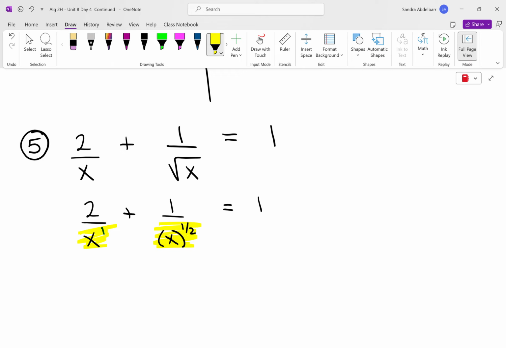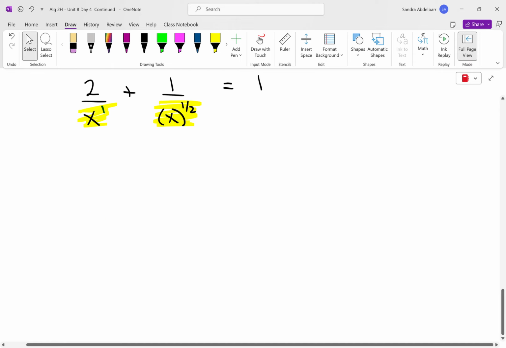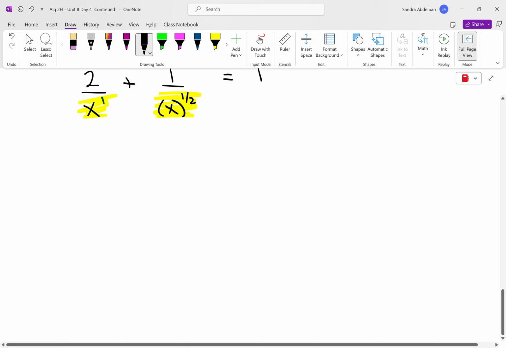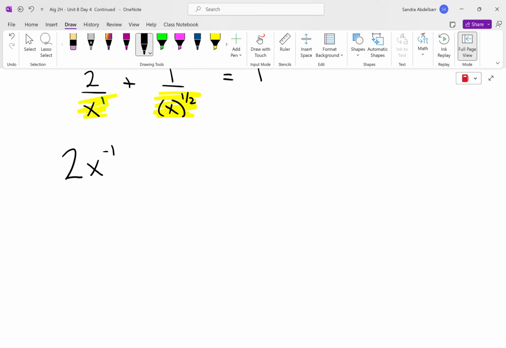Isn't that first exponent double the second one? So I could potentially factor here, but I can't factor when it's in the denominator. So what am I going to do? I'm actually going to move them up. So this is going to be 2x raised to the negative first plus x raised to the negative half equals 1.